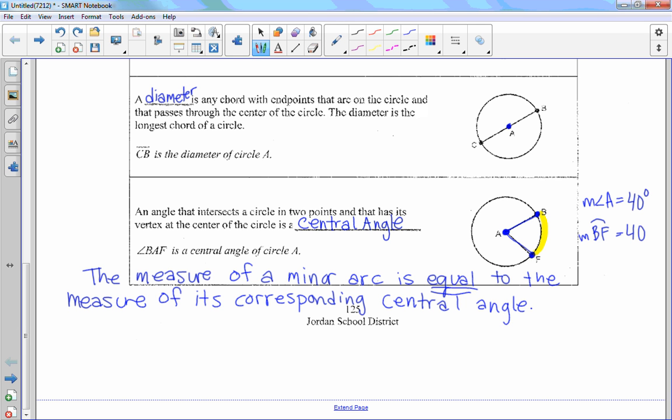They're equal. So this angle was 55 degrees. What would the measure of the arc be? If the angle is 55, and the central angle has its vertex at the center, then the arc is 55. They're equal. It should be the same number.